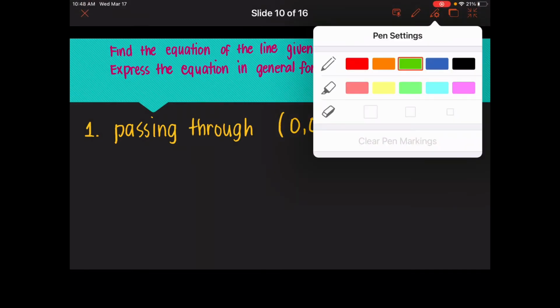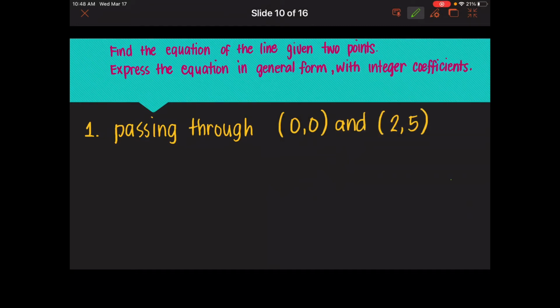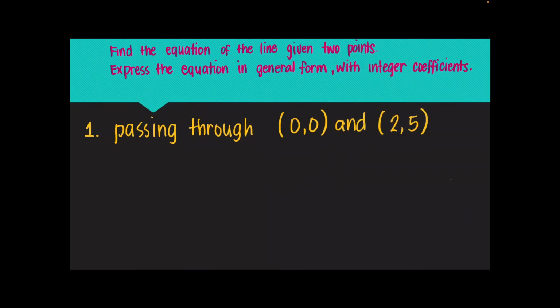In this given, the points (0, 0) and (2, 5) are represented by x sub 1, y sub 1. So, 2 is our x sub 2, 5 is our y sub 2. Then we use our formula y minus y sub 1 equals y sub 2 minus y sub 1 over x sub 2 minus x sub 1 times x minus x sub 1.